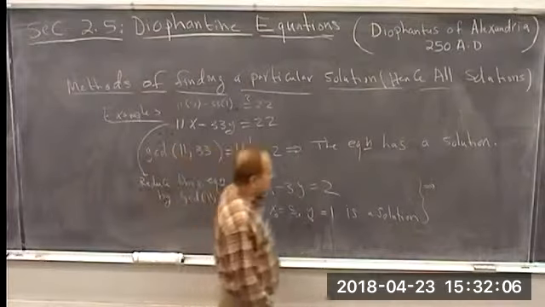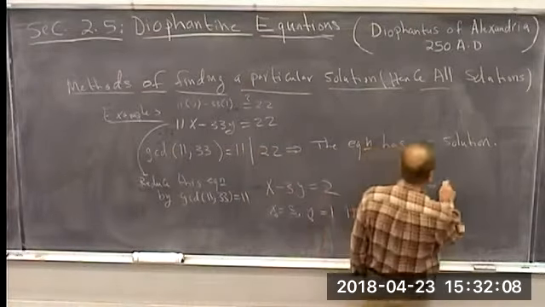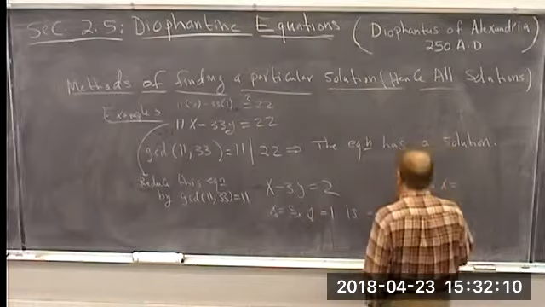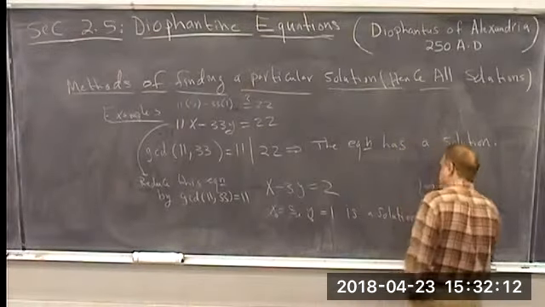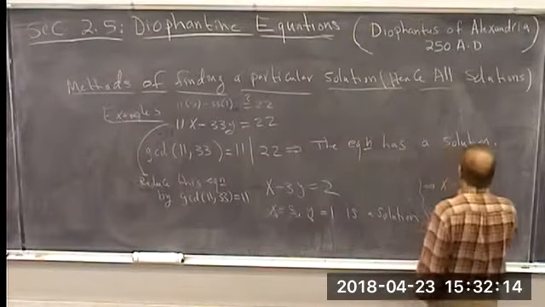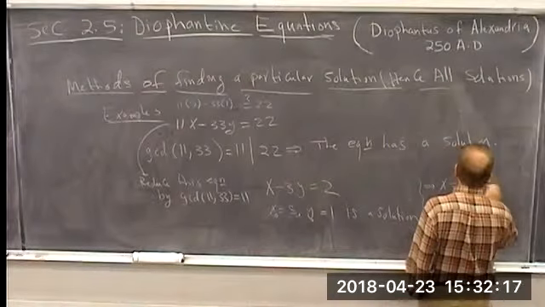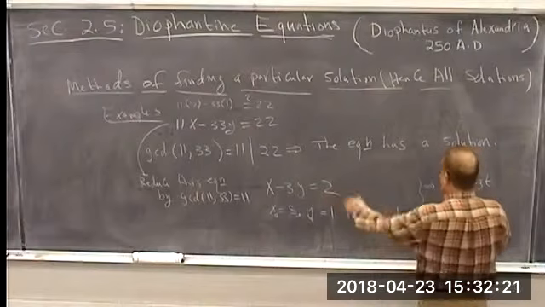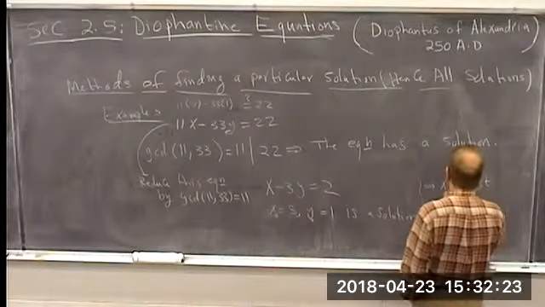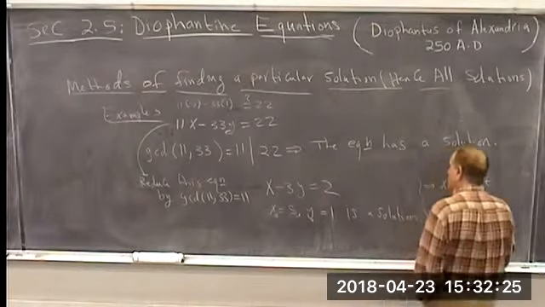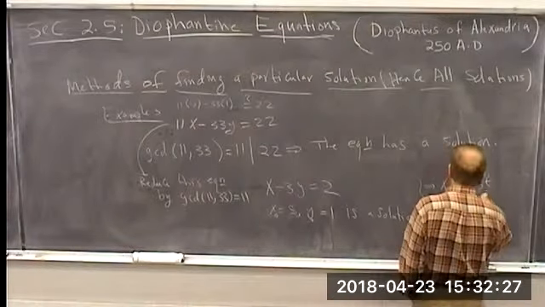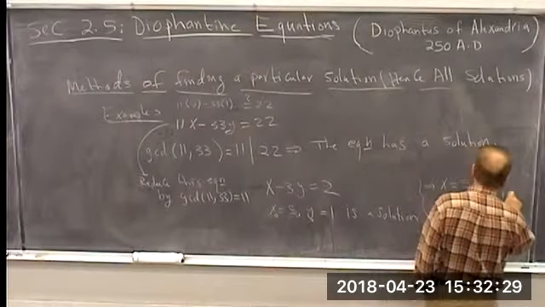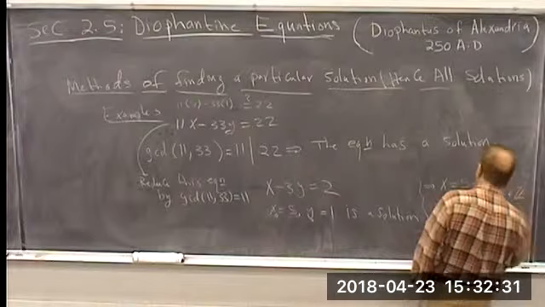All right, now the general solution is going to be x equals 5 minus 3t, and y is equal to 1 plus t, where t ranges over the integers.